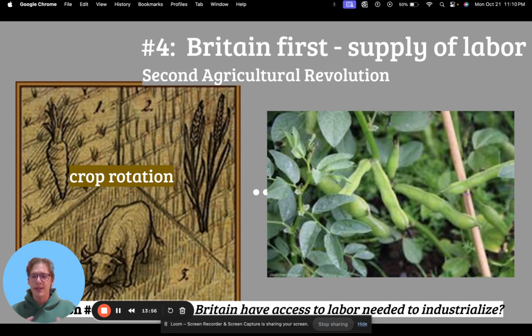But the summer ones need that really nutritious soil to continue to grow and be healthy and be a strong crop for your farm, right? So what they did basically is that they started dividing up these fields, and you would section one part of your field into summer crops, one part into winter crops, right? And you would grow them, then the next year you would switch them, right?